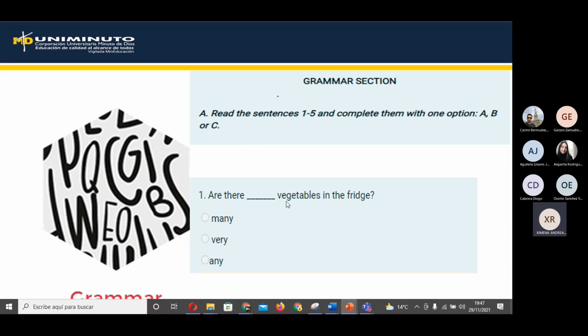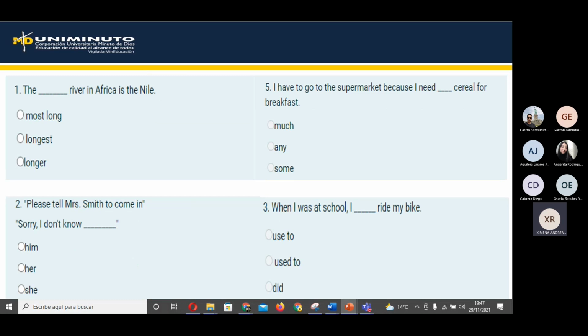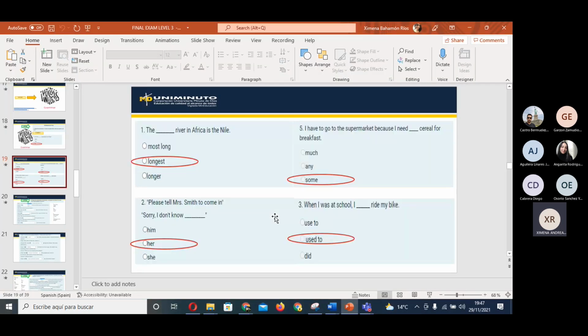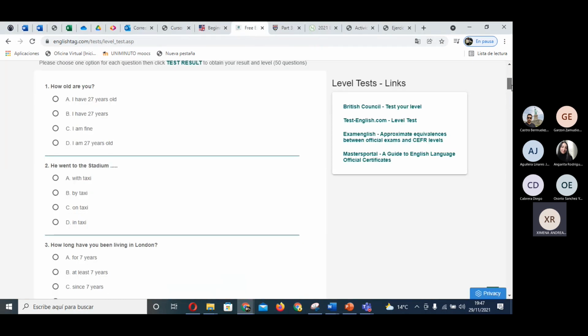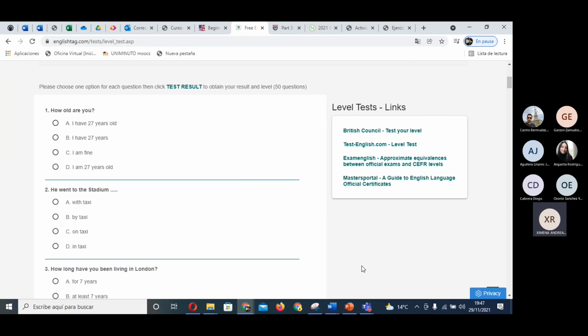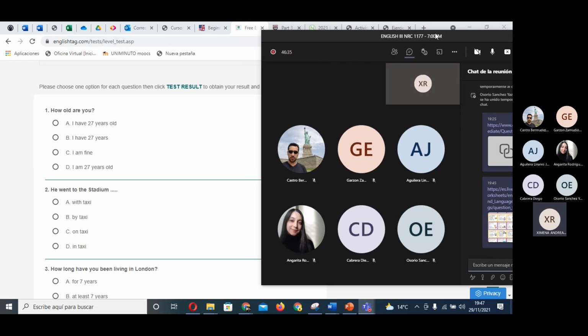Por ejemplo, are there vegetables in the fridge? The correct answer in this example is any. This is considered to be a question, and any is the expression for questions with these countable nouns. Yo tengo acá, bueno, como una variedad de ejercicios generales, pero antes de pasar a hacer como esta parte de ejercicios en contexto, quiero que hagamos entre todos, y era esta parte, sí. Ya les estaba indicando que acá lo que nos evalúan es qué tan hábiles somos, qué tan rápidos somos para responder ciertas preguntas.